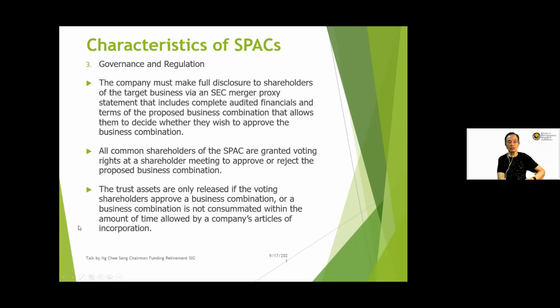All common shareholders of the SPAC are granted voting rights at a shareholder meeting to approve or reject the proposed business combination. The trust assets, meaning the money held in trust, are only released if the voting shareholders approve a business combination, or if a business combination is not consummated within the amount of time allowed by the company's articles of incorporation.